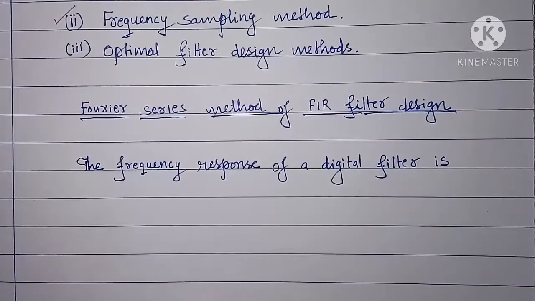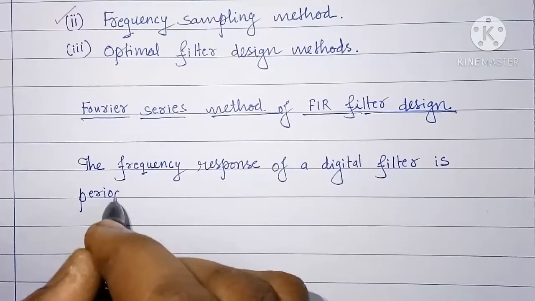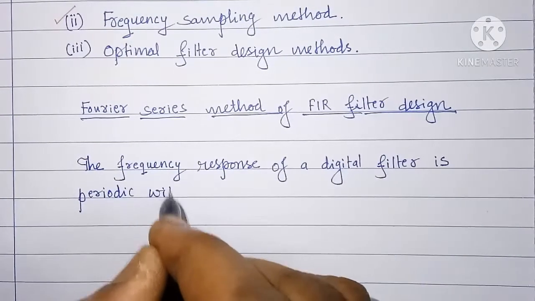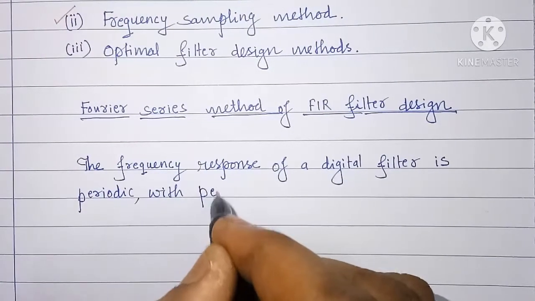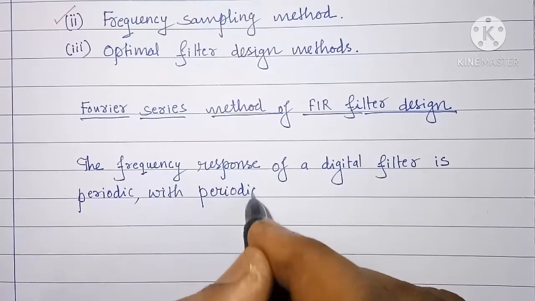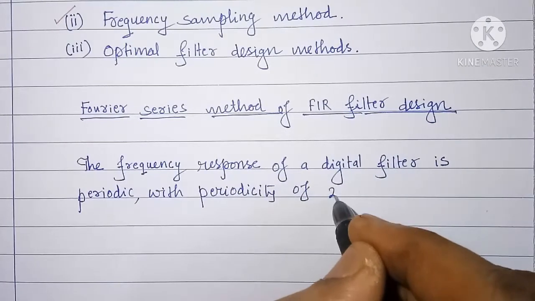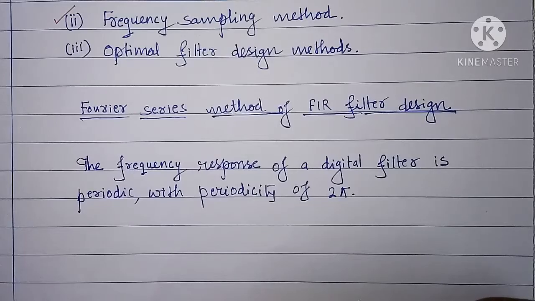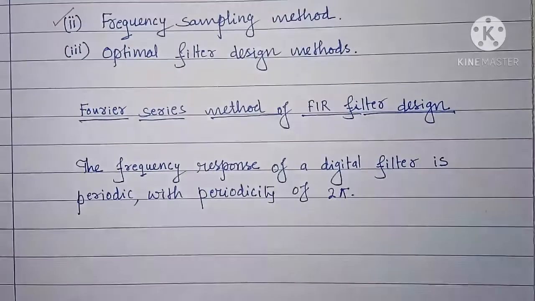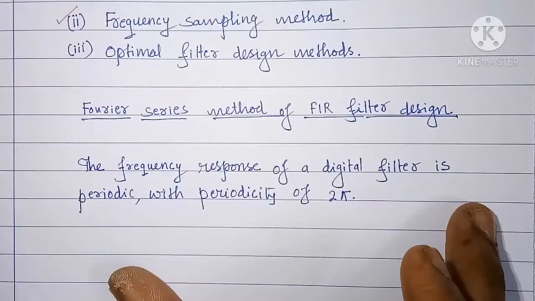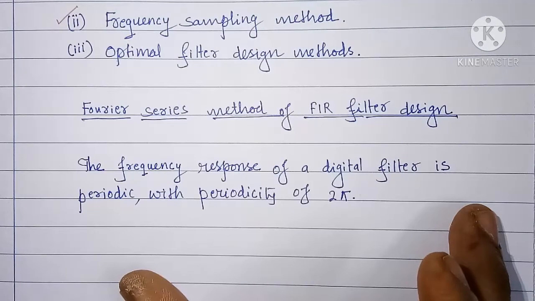The frequency response of a digital filter is periodic with periodicity of 2 pi. This fact we have studied previously while designing the IIR filters.